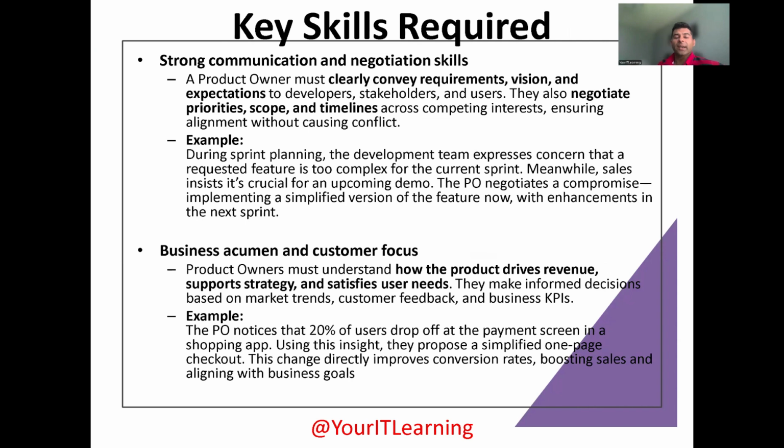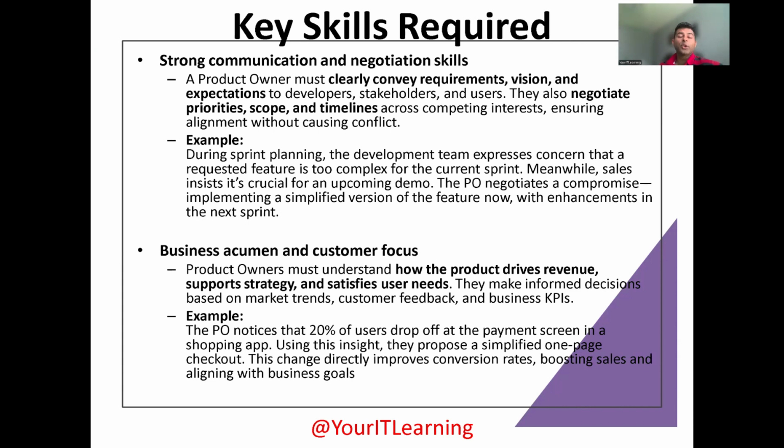Key skills required. Strong communication and negotiation skills, as required for a business analyst. A product owner must clearly convey requirements, vision, and expectations to developers, stakeholders, and users. They also negotiate priorities, scope, and timelines across competing interests, ensuring alignment without causing conflict. So the product owner overall has to align with the overall roadmap, with business leadership of the organization.